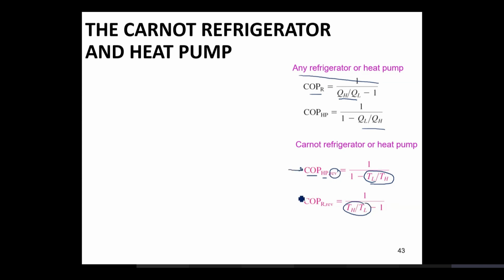So this is essentially for a Carnot refrigerator or heat pump, or ideal refrigerator or heat pump, or a refrigerator working on reversible cycle. The efficiencies or the coefficient of performance are dependent upon the temperatures of the source and the sink.